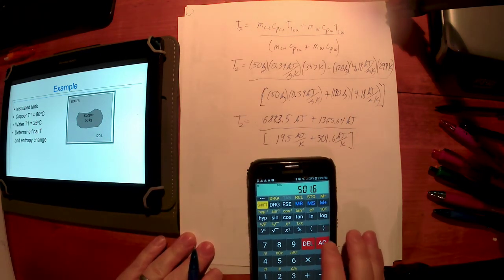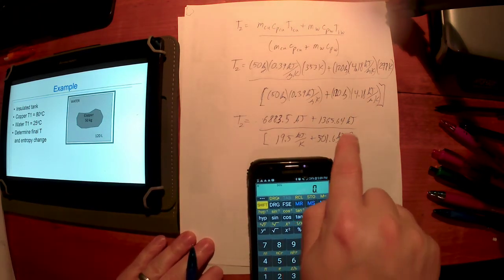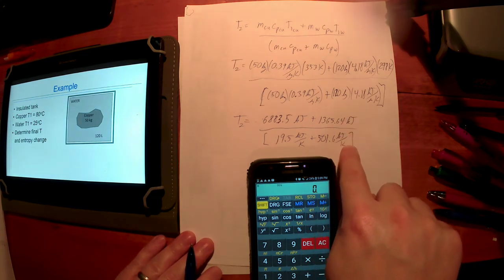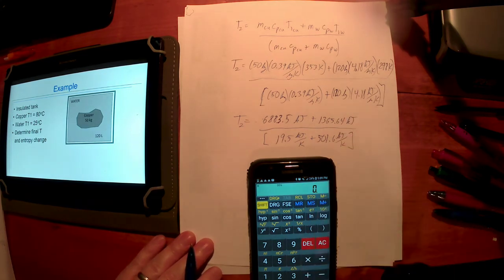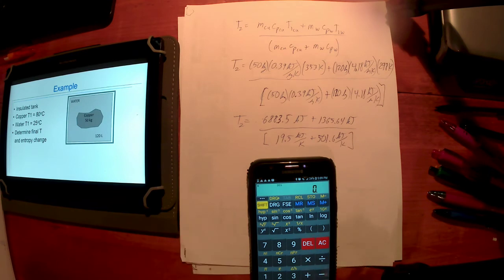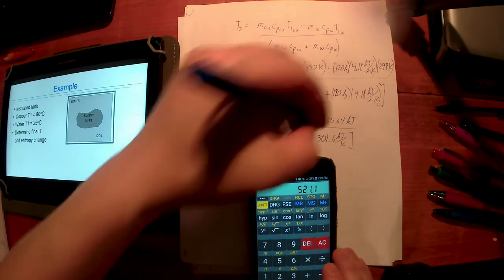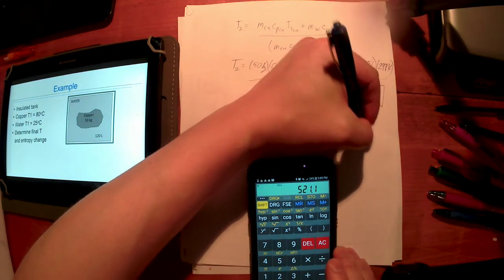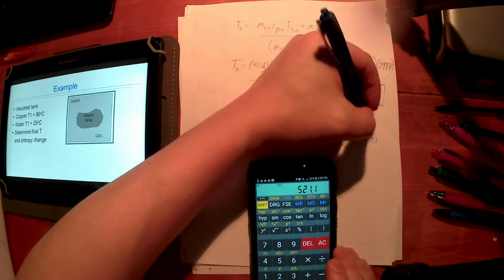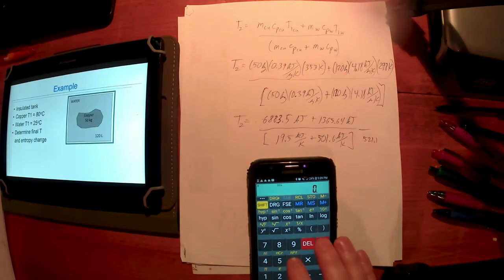Then I'm just going to add those. Notice what happens to the units: the kilojoules are going to go away. I've got per Kelvin in the bottom, so Kelvin's going to go to the top. So we're good. Let's do the denominator. That's 19.5 plus 501.6. So the bottom is 521.1.